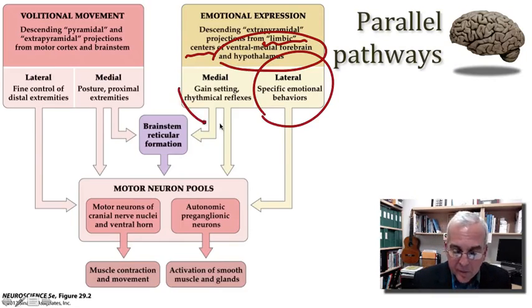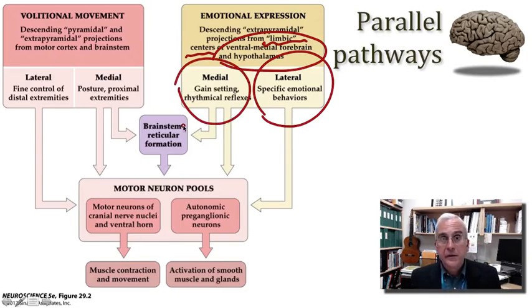Meanwhile, there are medial pathways that set the stage. They're concerned with setting the gain, for example, modulating the threshold at which we express that specific emotional behavior, be it our tendency to laugh or to cry or to become angry, and to express that emotion within the muscles of the face.